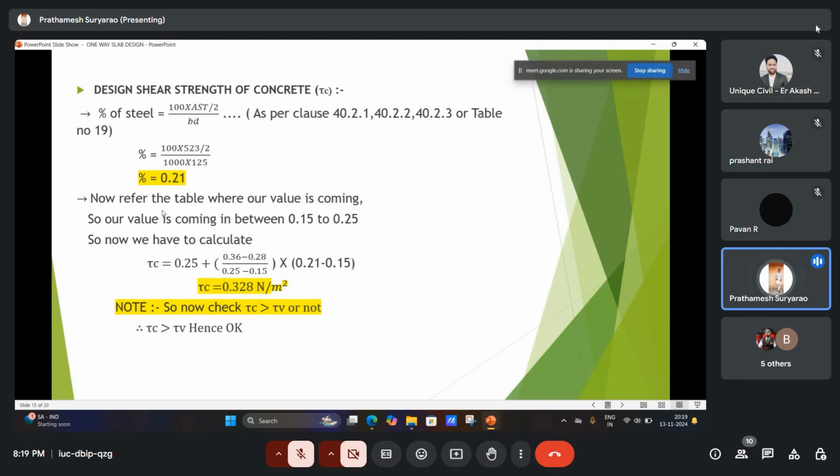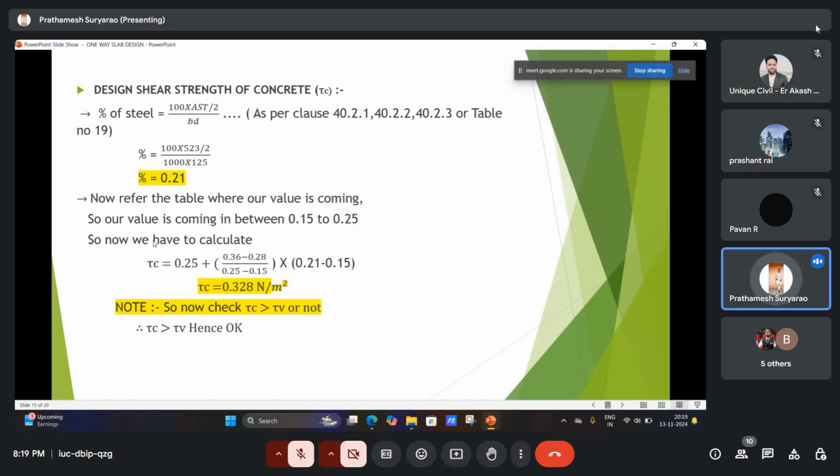Now refer to the table where all the values are given for M10, M20, M30. Our value is coming in between 0.15 and 0.25.